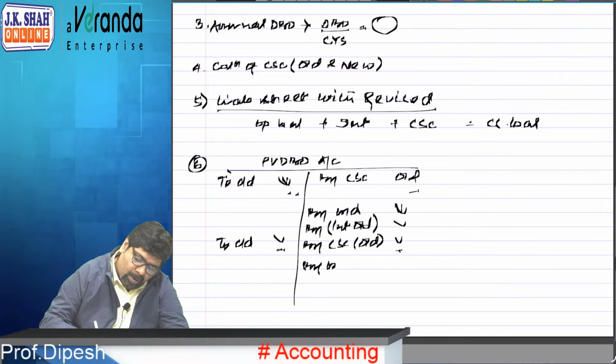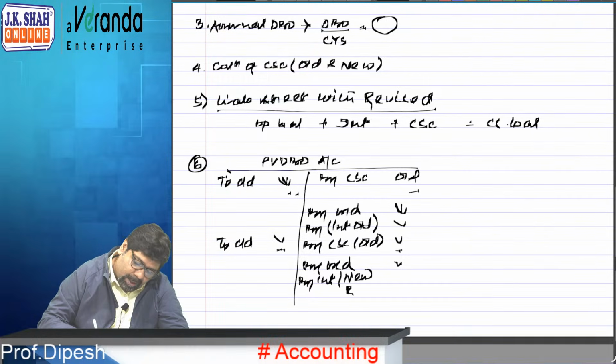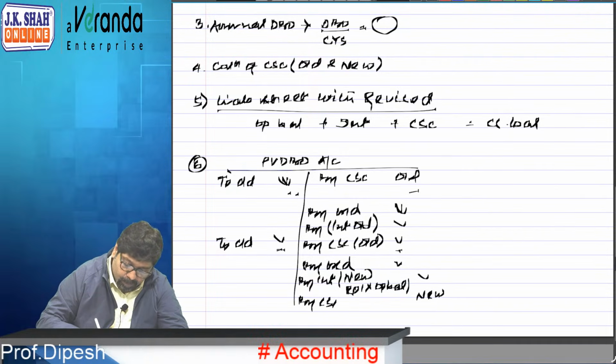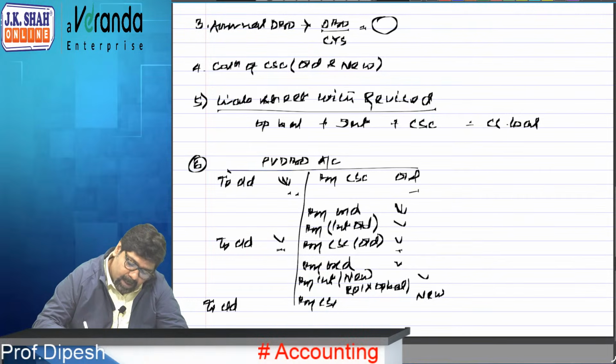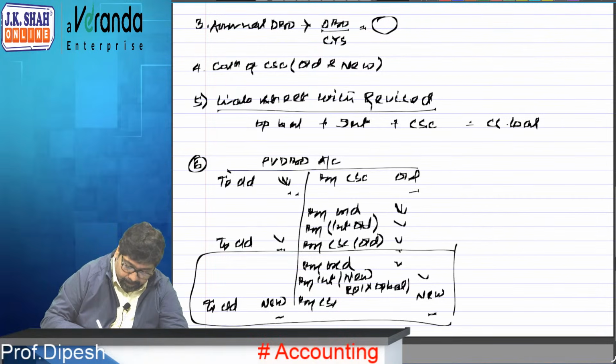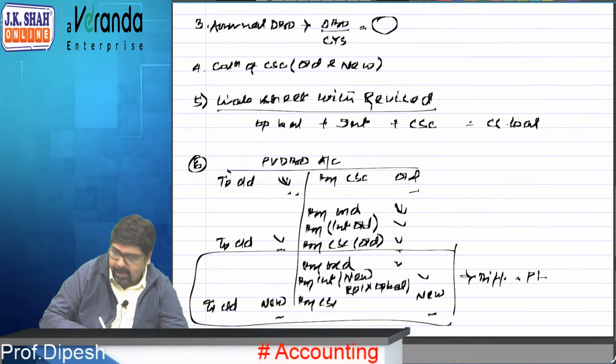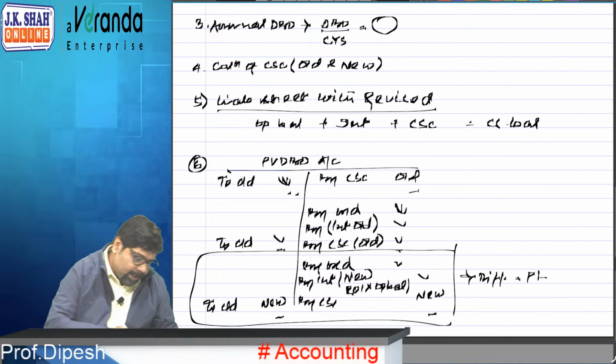By balance brought down, by interest at the new rate of interest into opening balance, by CSC new, to balance carried down new. The difference in this third year's account is equal to PL, chartered. Fair enough? Yes, sir.